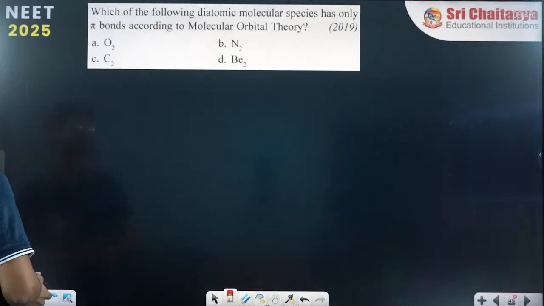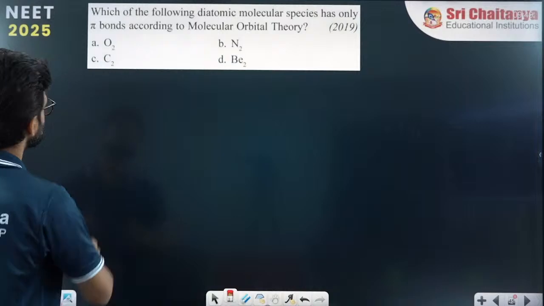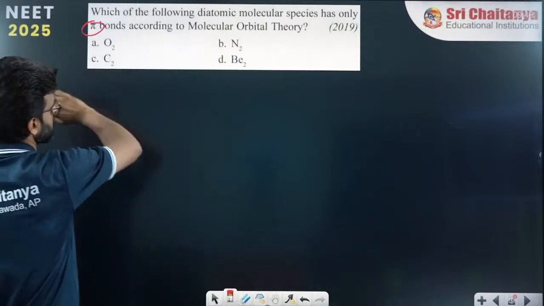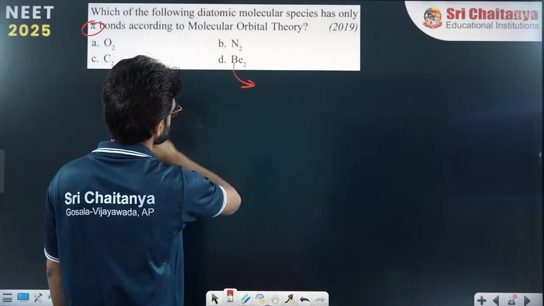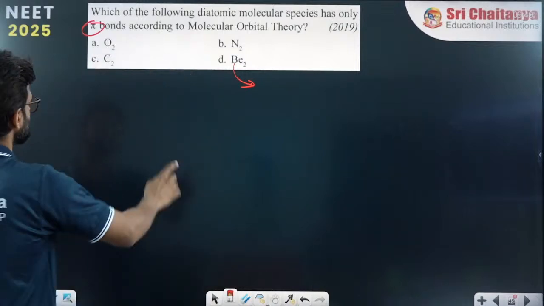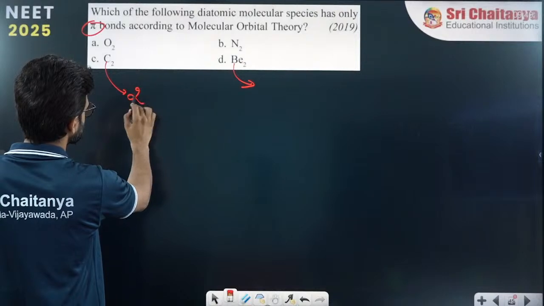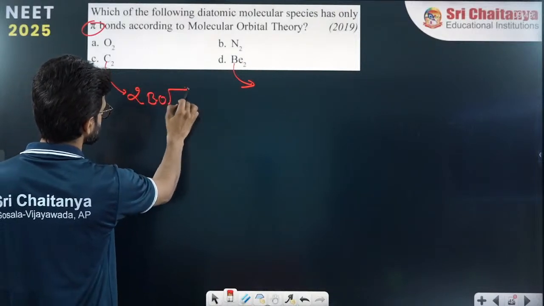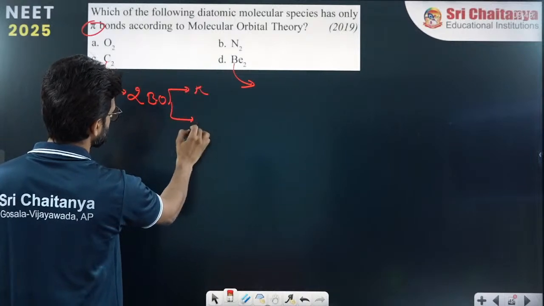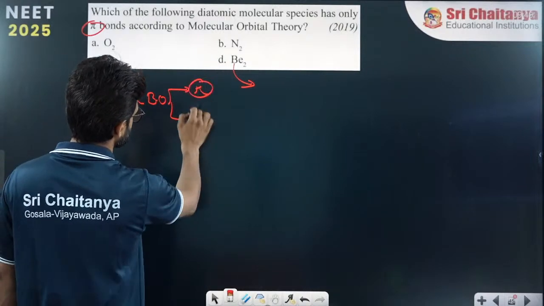Which among the following diatomic molecules has only pi bonds? Okay, very important. Be2, if you check, okay, you check with C2. C2 will have a bond order of 2, and the good thing is in this both are pi bonds. Very important exception. Both are pi bonds.